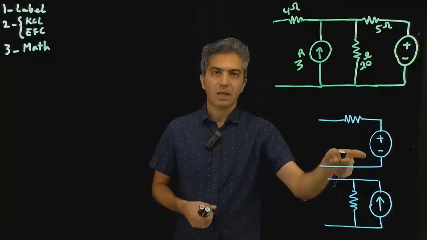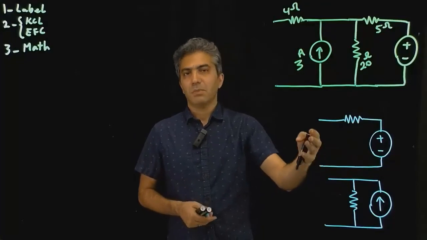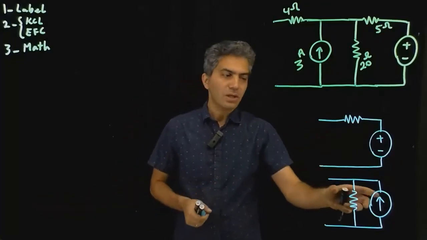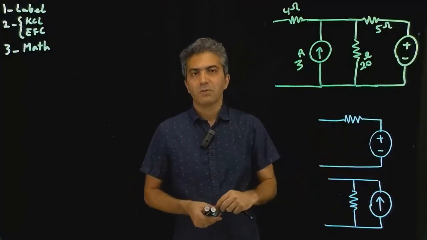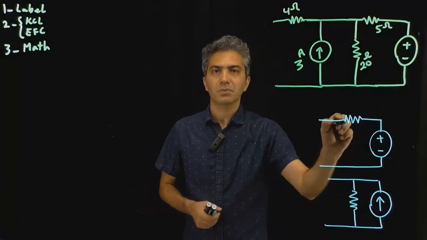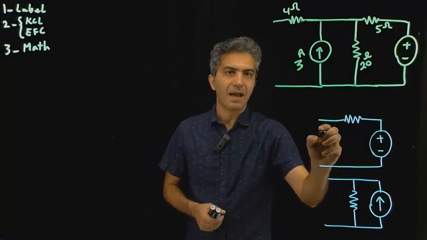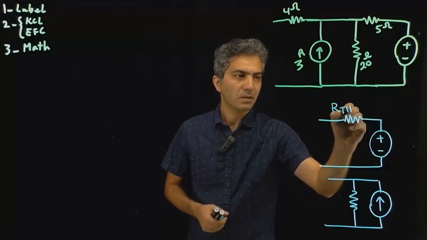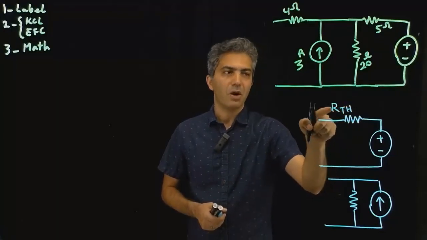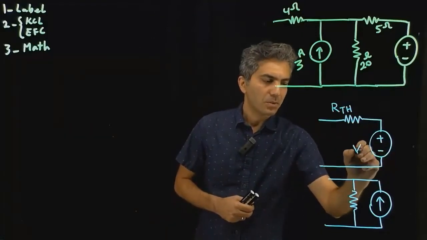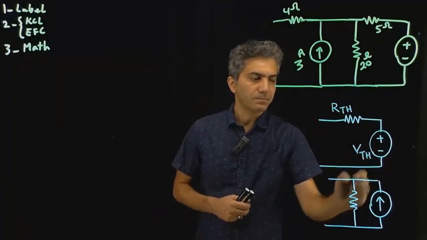Sometimes it makes more sense to use a voltage source. It makes the analysis for the rest of the system easier if you use a voltage source. Sometimes it makes more sense if you use a current source. If you end up using a voltage source in series with a resistor, this model is called a Thevenin model. This resistance is called R Thevenin, and Thevenin is a name, and this would be voltage Thevenin.